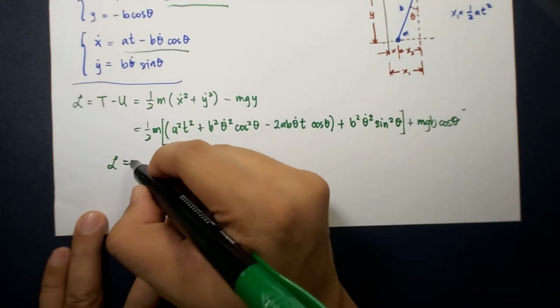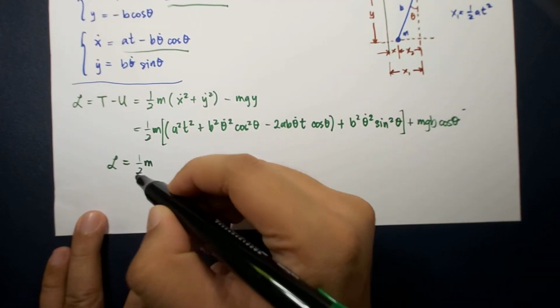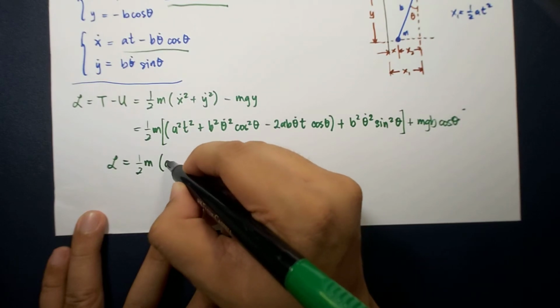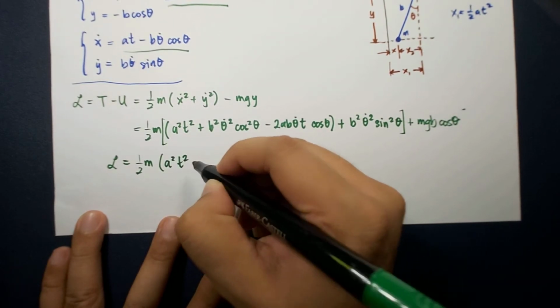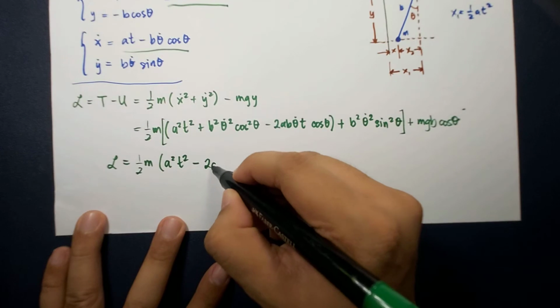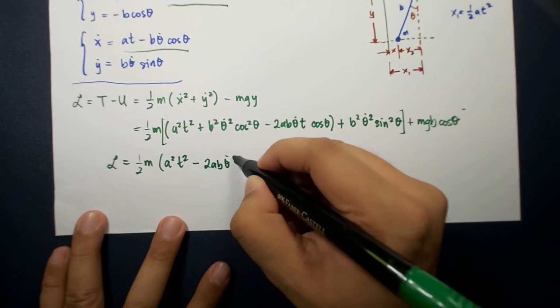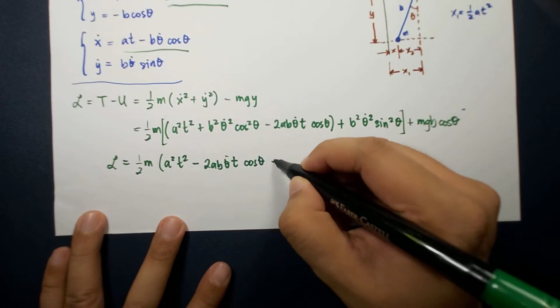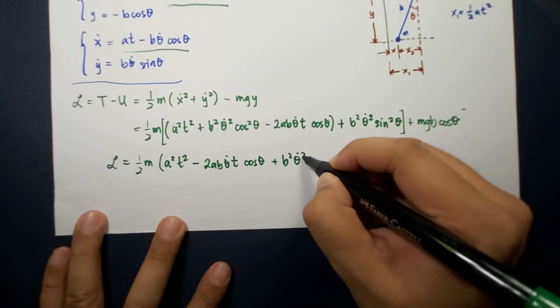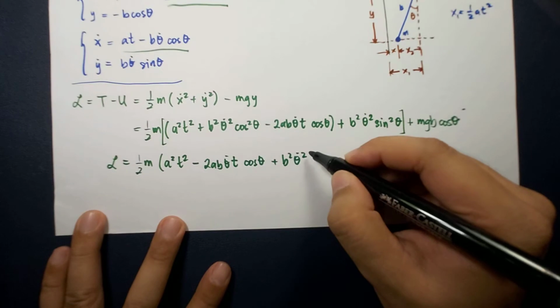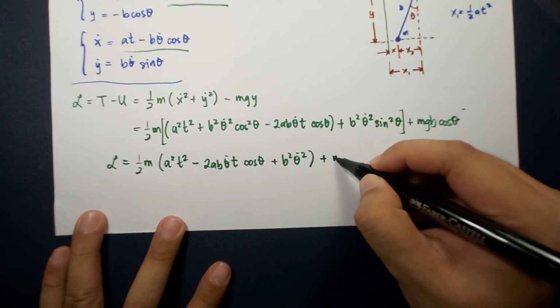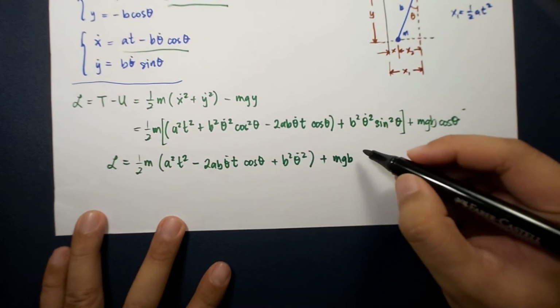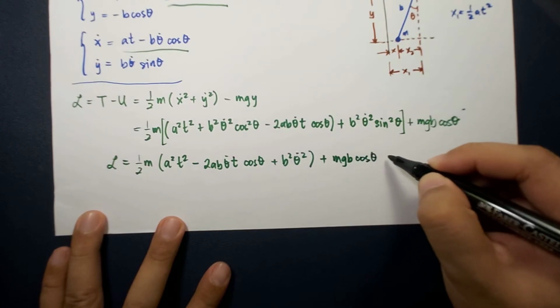Now you can rewrite the Lagrangian as 1/2 m times a squared t squared minus 2 a b theta dot t cosine theta plus b squared theta dot squared, plus mgb cosine theta.